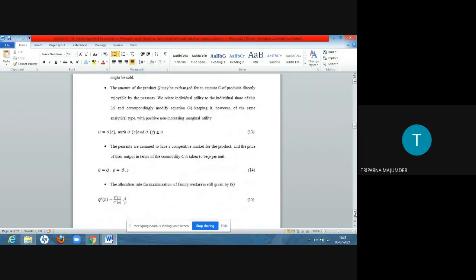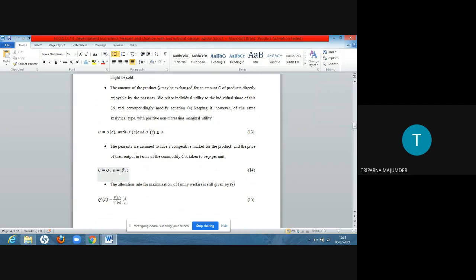The peasants are assumed to face a competitive market for the product, and the price of output in terms of the commodity C is taken to be P per unit. So if we directly consume C, we buy amount C, which is equal to Q into P, where P is price per unit.